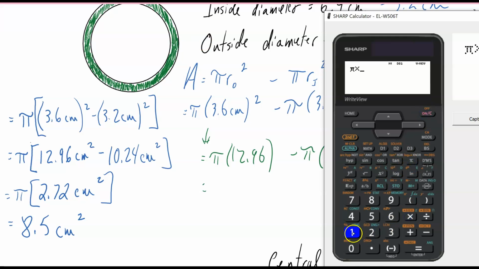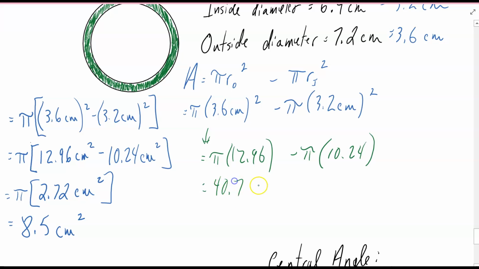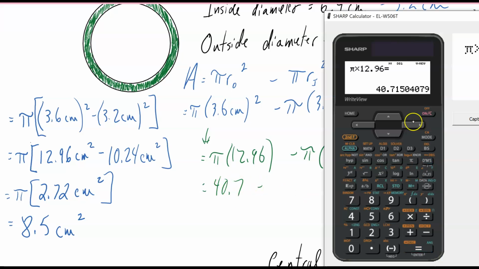Pi times 12.96, 40.7, minus, and clear it again, pi times 10.24, which is, let's call this, 32.2.